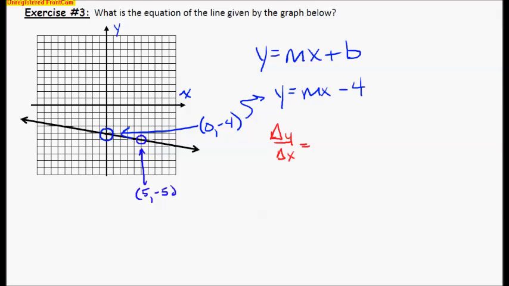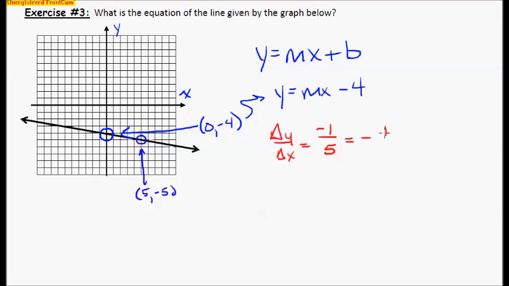So, again, let's count. Let's start at this point right here. And remember, it's change in y over change in x. So how much did I go up or down? Well, I start at this point and I go down 1. So that would be a -1. All right, -1 right there. Okay, so I go down 1 and over 1, 2, 3, 4, 5, over to the 5, and that's to the right, so that's a positive.